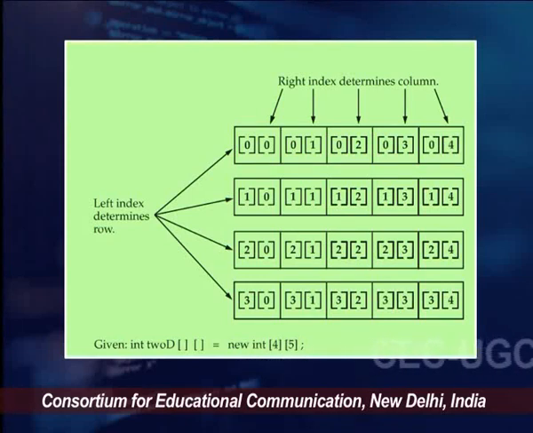The left index determines the row, and the right index determines the column, and the size of this array is nothing but 4 cross 5. So 4 rows and 5 columns. The rows start from 0 going till 3, and the columns start from 0 going till 4.